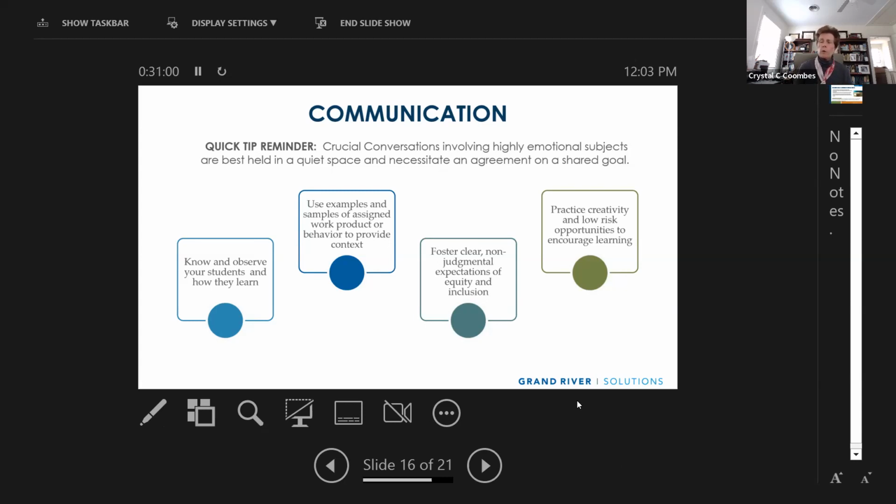Know what you observe. You can easily say, without violating ADA or 504, "Hey, Dan," I'm going to use Dan as an example. "Hey, Dan, I noticed that when I ask for small written paragraphs, I don't generally get those from you. I wonder if there's a different way for us to go about you getting the assignments to me."